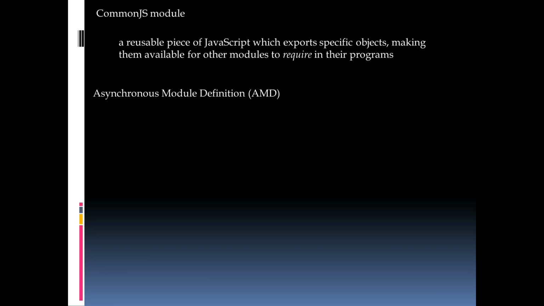There are two popular and well-implemented approaches to modules. These are the CommonJS module and the asynchronous module definition. A CommonJS module is a reusable piece of JavaScript which exports specific objects, making them available for another module to require in their programs.